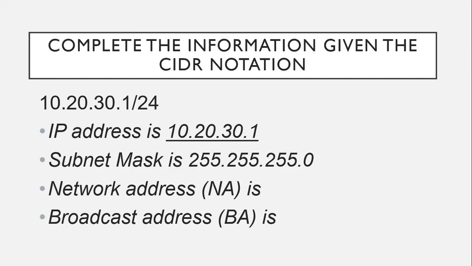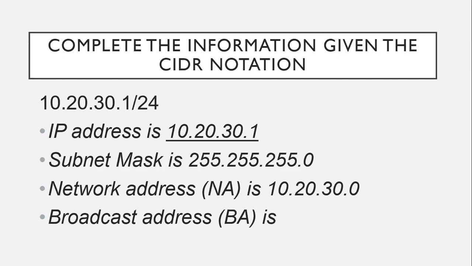So again, since this is /24, 3 bytes is used, we'll just copy the 3 digits in your network address. That must be 10.20.30. And finally, the one that corresponds to 0 is just 0 in your network address.